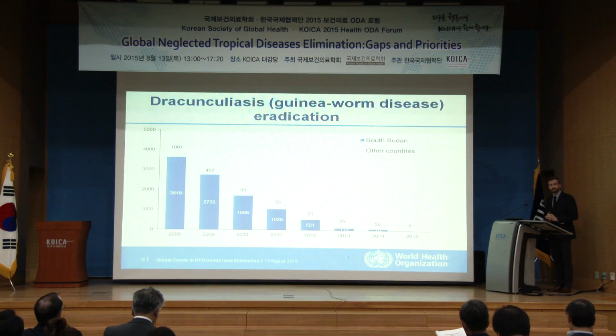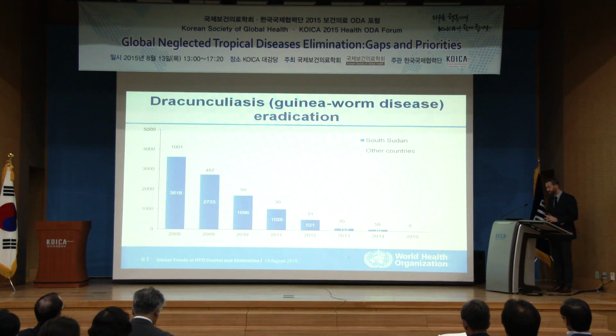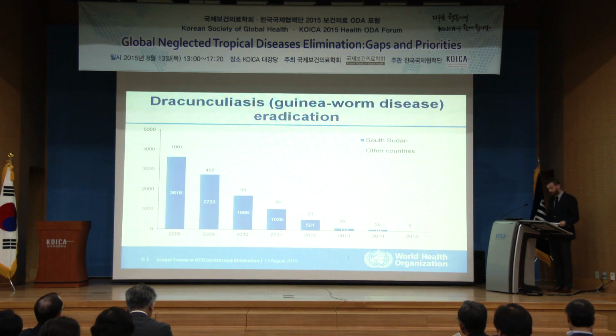Guinea worm disease is one of 3 diseases that WHO has targeted for eradication, that is worldwide elimination. And we see a really dramatic decline since even 2008 in the numbers of cases. Last year there were only 127 cases of guinea worm disease, and so far this year there are only 8 cases reported.